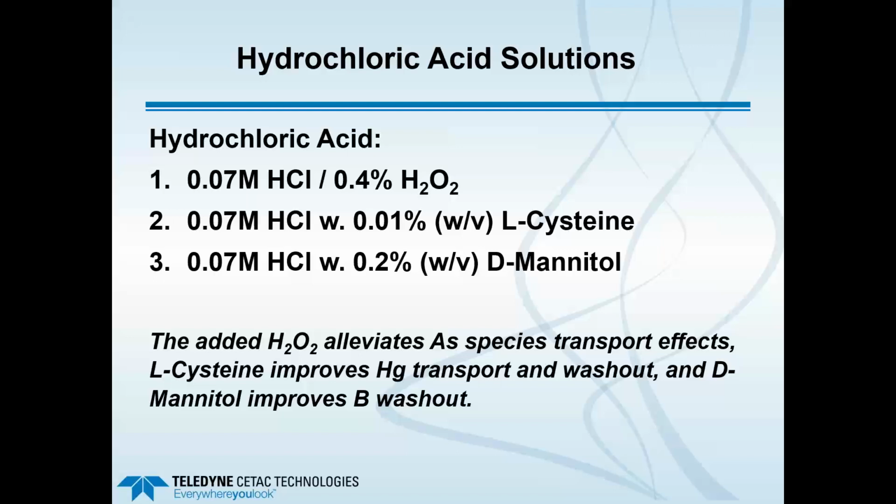That alleviates arsenic species transport effects by oxidizing all of the arsenic to the arsenic 5 state, or arsenate. That gives more uniform transport and signal for arsenic. Then the L-Cysteine. L-Cysteine is added to improve mercury transport and washout, and mannitol is added to improve boron washout. And we'll look at the structures of both those compounds in just a moment.